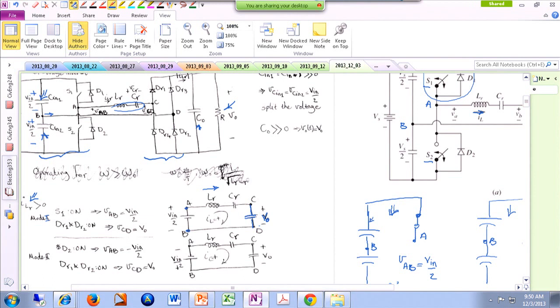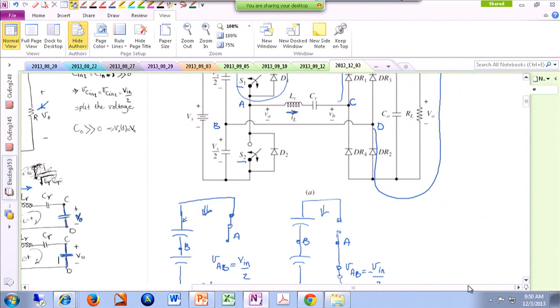Mode 2, still we are assuming that the current of the resonating inductor is positive. That means DR1 and DR2 are still conducting, and therefore from C to D nothing has changed. You still have Vout connecting C to D. But on the input side, we are now using this mode.